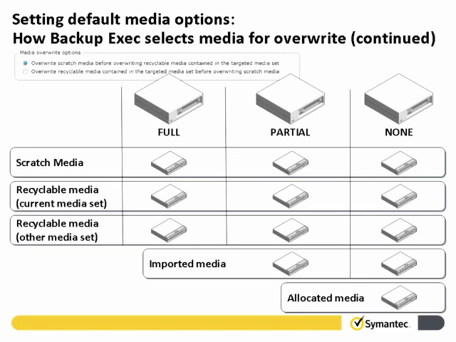If it can't find a blank tape, only then will it go into the current media set and say, is anything here eligible to be overwritten? And if the answer is still no, we'll go to any media set and see if it can find a tape. So leaving that at the default means that it will always use blank tapes even if a tape is eligible to be overwritten, which is why we recommend that you change that default.